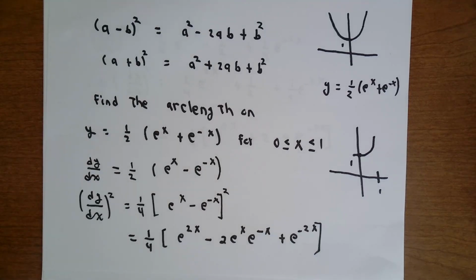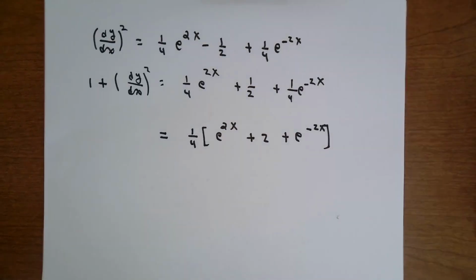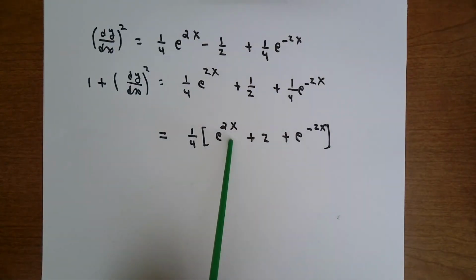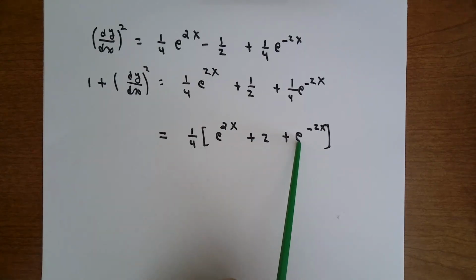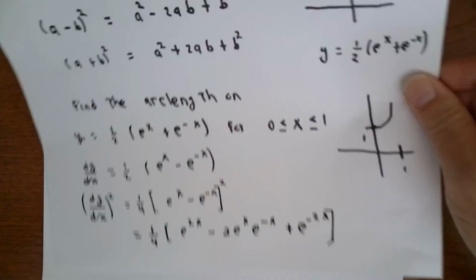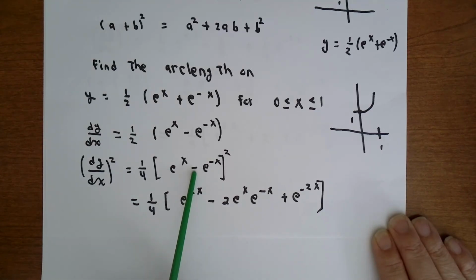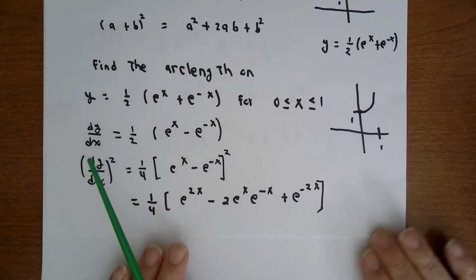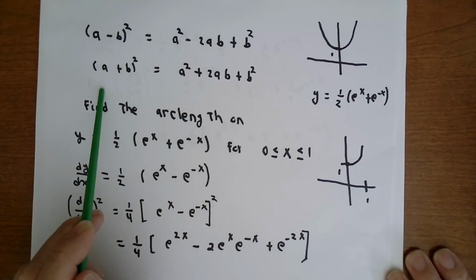And what I've got as a result of this most recent calculation is e to the 2x plus 2 plus e to the minus 2x. This quantity and this quantity are the same, except the minus needs to become a plus in this formula because of that business.